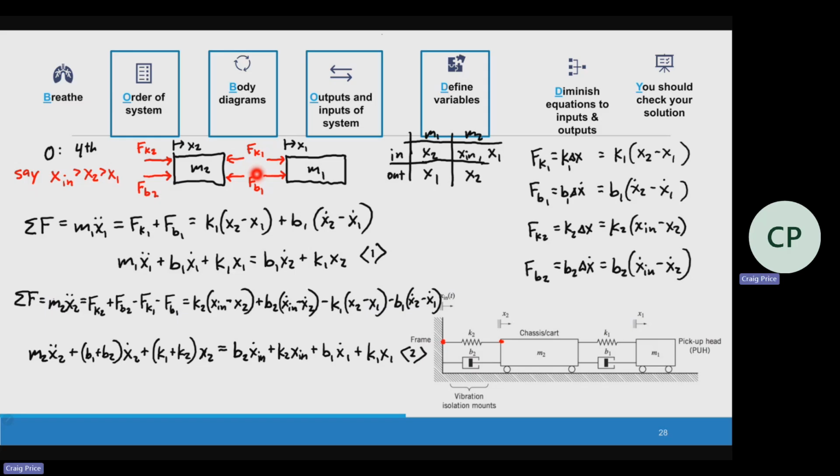Okay, so I have my two equations. Again, stable, second order, total fourth order. We know that X2 is affected by both Xn and X1, so those are my two inputs here. Whereas X1, that mass is just affected by X2. So single input, single output.